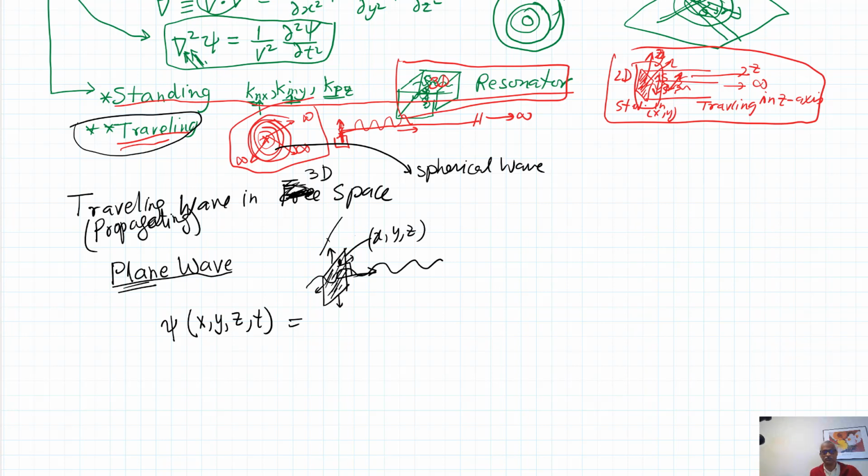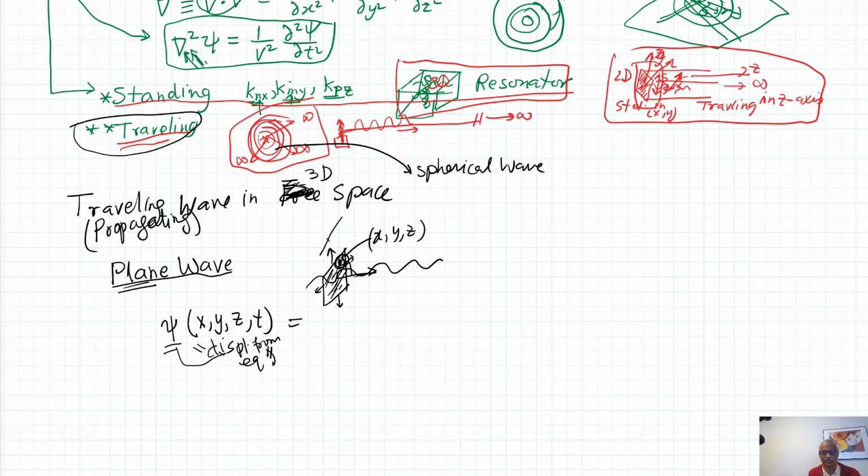If it's a sound wave, I would say how much the pressure differs from ambient pressure at this point. So the property will differ, but all those properties have some value psi, representing displacement from equilibrium. And displacement of what property varies with the type of wave you're looking at.